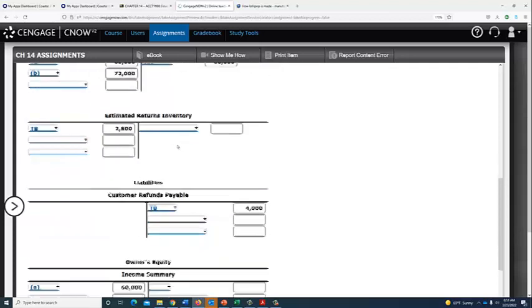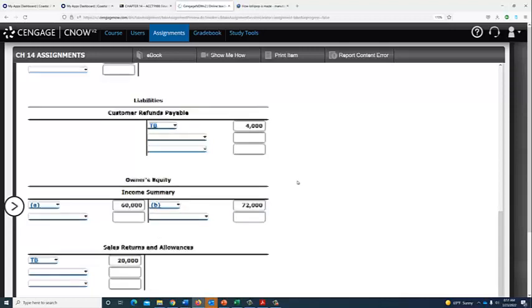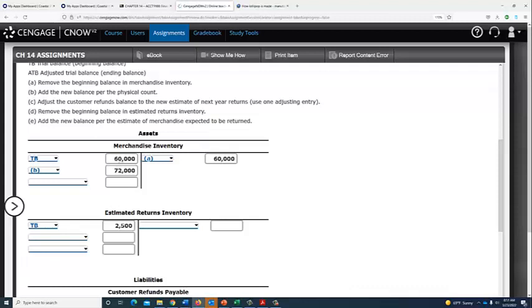And as our offsetting credit, we're going to come down and credit income summary. Okay, so we have removed the old balance and added the new balance in merchandise inventory. And that's going to give us an adjusted trial balance of $72,000. So this is our new balance in merchandise inventory.